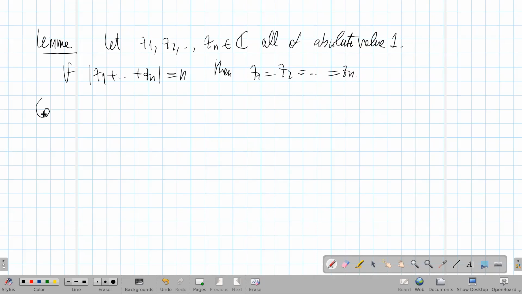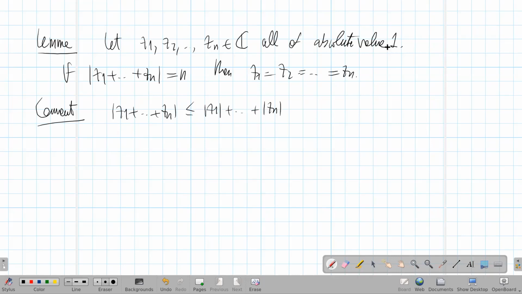Perhaps I should make a comment which will then be useful in the proof. By the triangle inequality, the absolute value of the sum will be less than or equal to the sum of the absolute values.